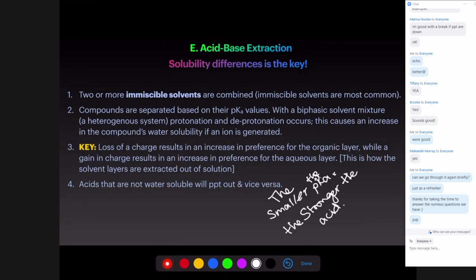And then your pKa doesn't have a unit on it, so it'll be a single number without exponents.